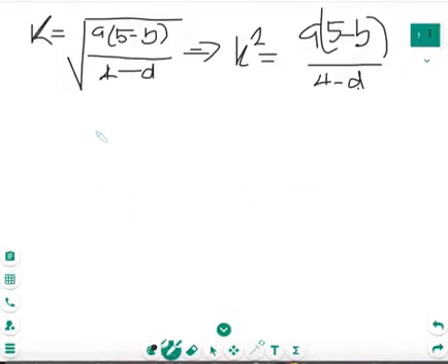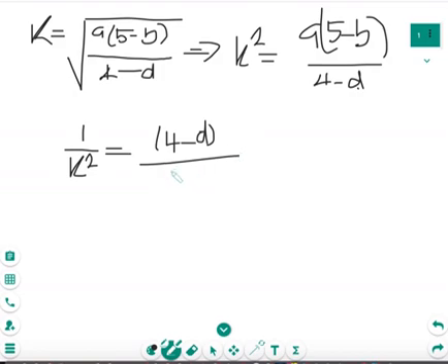We can easily say that 1 over k squared is equal to 4 minus d over a into bracket 5 minus b. Why does the a(5 minus b) go down?